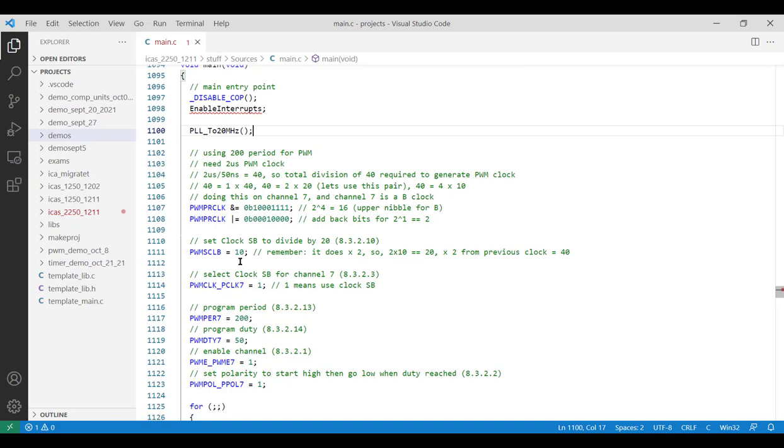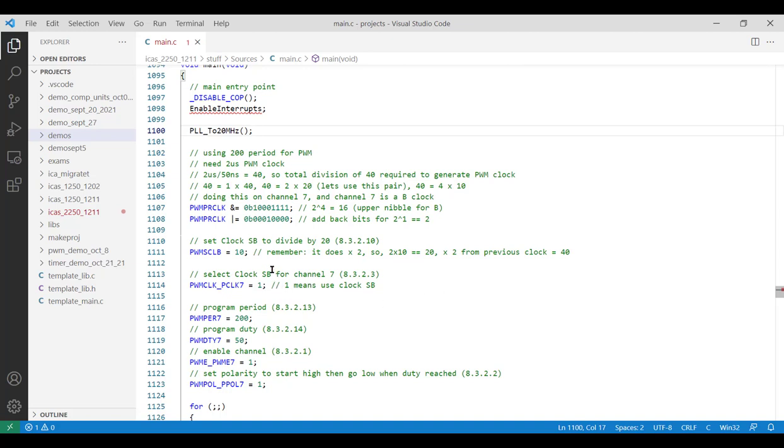So I'd write 10 into the register, because I know the register value is going to be multiplied by 2 internally, which means this 10 becomes a 20. So I've got 20 in this register effectively. That gets multiplied by the 2 from the previous stage, meaning 2 times 20 gives me a total division of 40. So I've set up the prescale and scaled clock, so clock B and SB, to be the total 40 that I'm looking for.